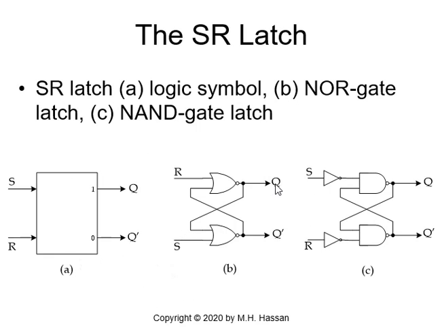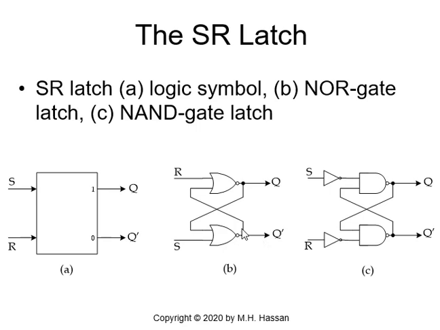So when we have R and S, both of them are 1s. In the lower NOR gate, we have 1 NOR 1, so you'll get a 0.